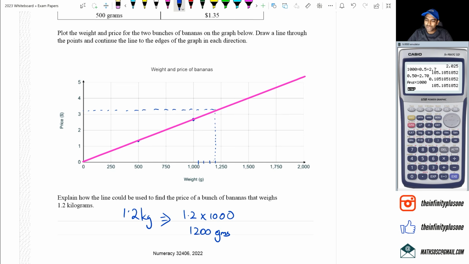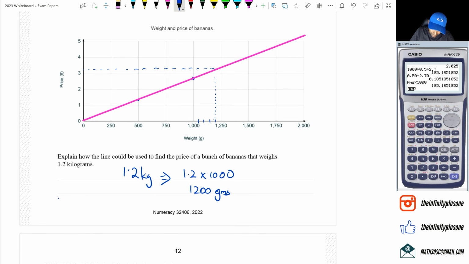Sorry guys, like I said, this is the first time I'm doing this paper, and they're actually asking you to write the explanation of the line. When I looked at the answer schedule, you're actually explaining it. So literally, you're saying find 1,200 on the bottom axis. Wow, that's the actual explanation. So you're going to have to write down: find 1,200 on the bottom axis, and then draw a vertical line.